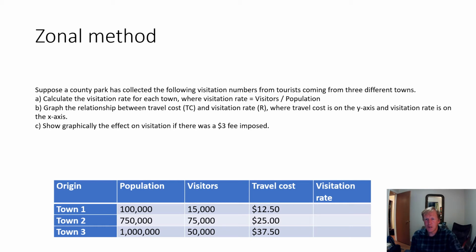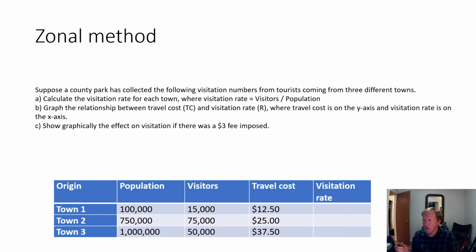Both of those are completely valid ways of doing travel cost methods. So we can dig a little bit deeper into the zonal method. Let's imagine that we have 3 towns, and they have various populations. When you're using the zonal method, you're going to look at participation rates from each zone, or in this case, from each town.